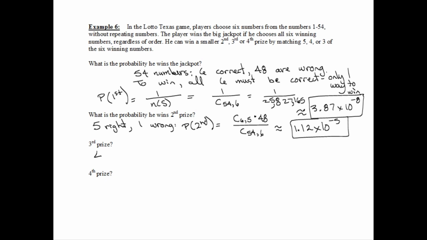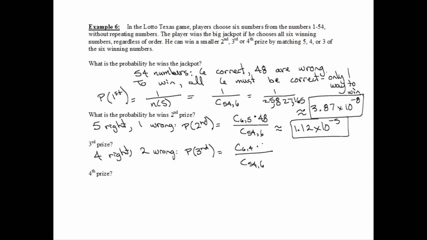Third prize, we're going to end up with 4 right and 2 wrong. So the probability of getting third prize then, well, we're going to have the same sample space. Now we're going to choose 4 to be correct. Out of the 6 correct numbers, we're going to choose 4. So that'll be combination 6, 4.